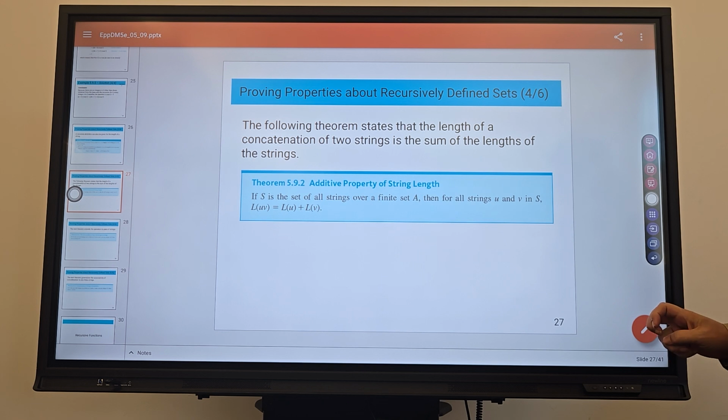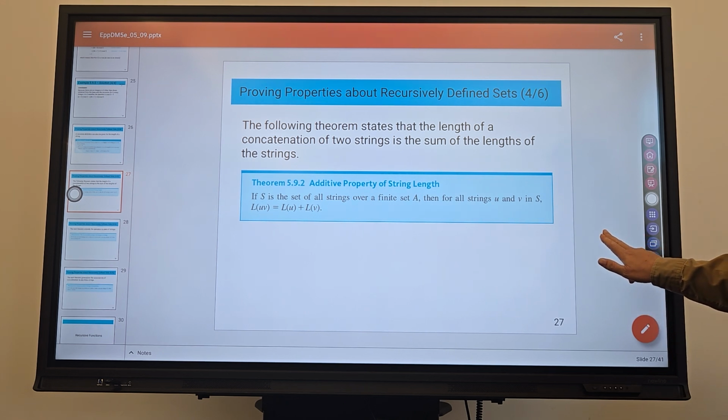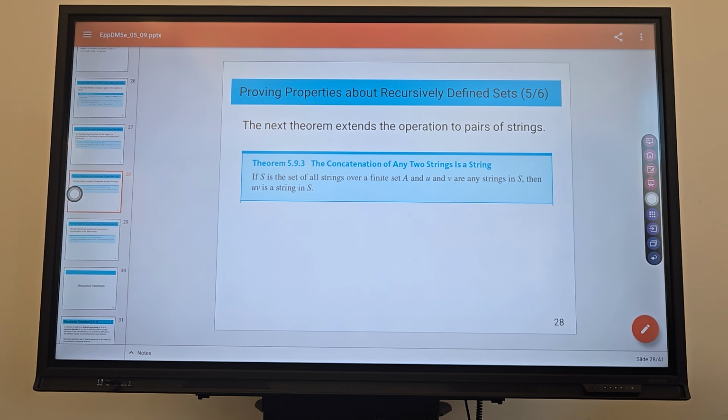So that's the additive property of string length. The next theorem extends the operation to pairs of strings. If S is the set of all strings over a finite set A and u and v are any strings in S, then uv is a string in S.